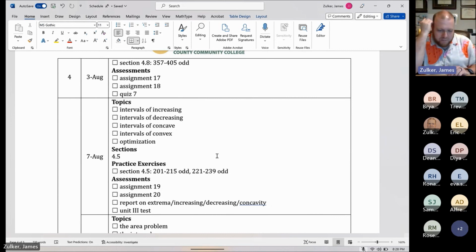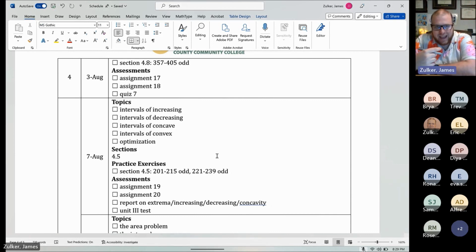What we're looking at on Monday is intervals of increasing, decreasing, and then intervals of concave, convex. That is grouped together as the shape of a graph.